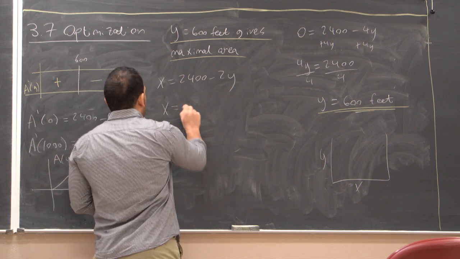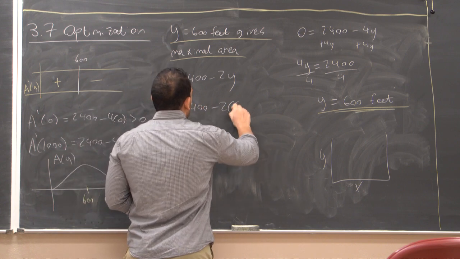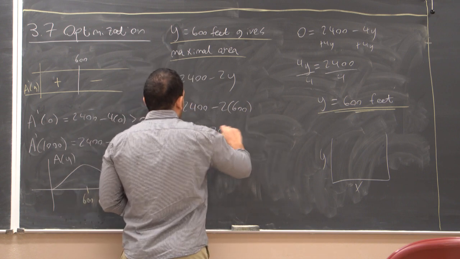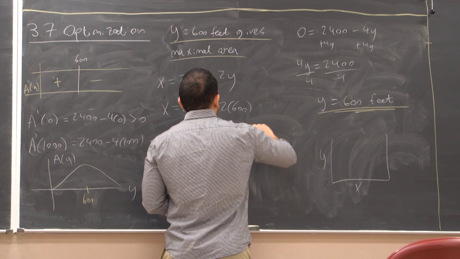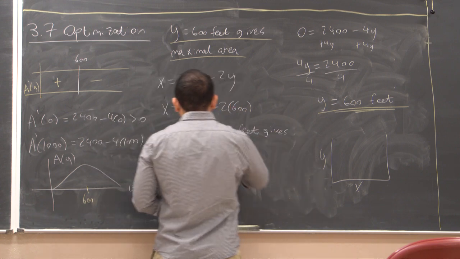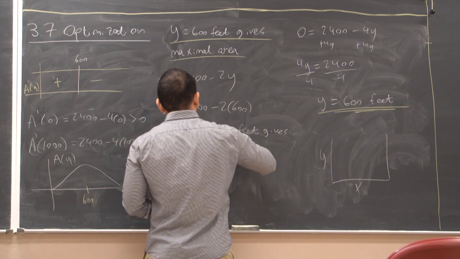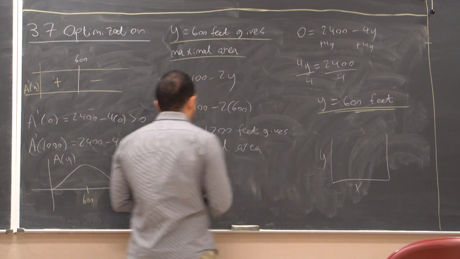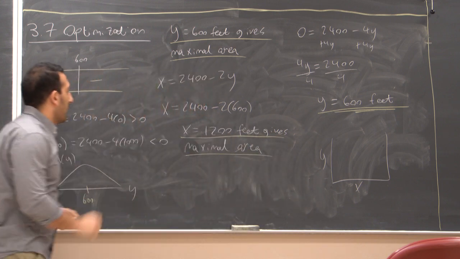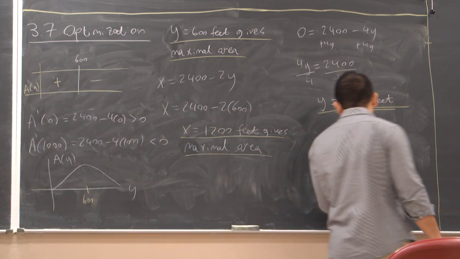So x, the maximum value of x, is going to be 2400 minus 2 times 600, which means that x equals 1200 feet. So 1200 feet for x is what gives the maximal area.